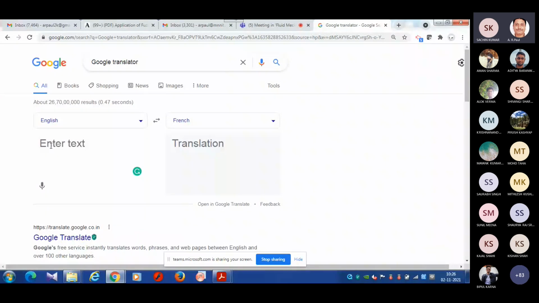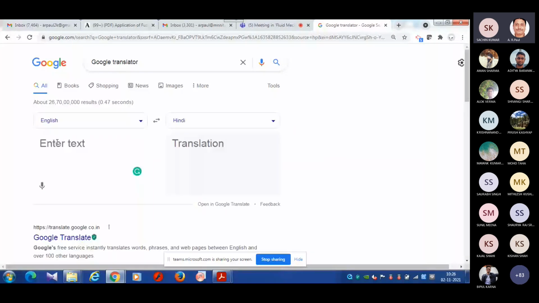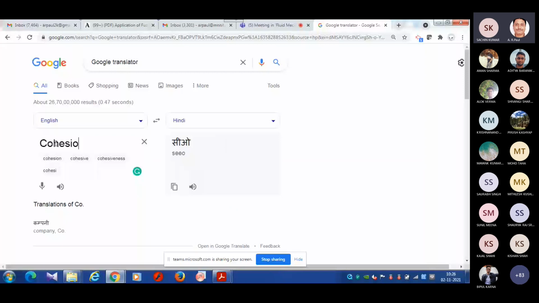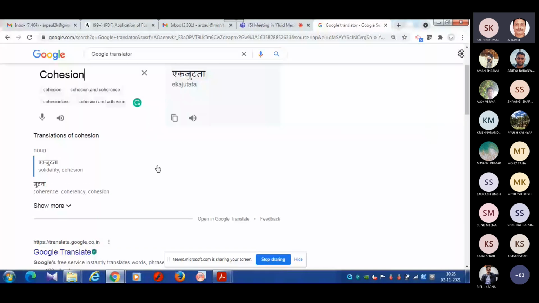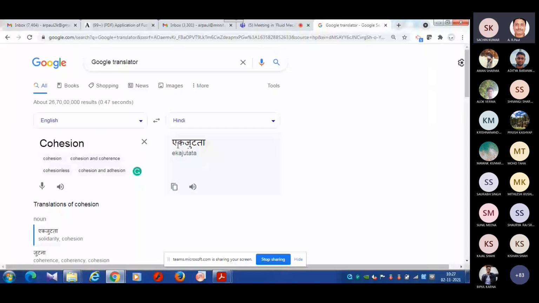Cohesion means एकजुटता. It is not a very scientific term in Hindi, but I think the meaning is clear.